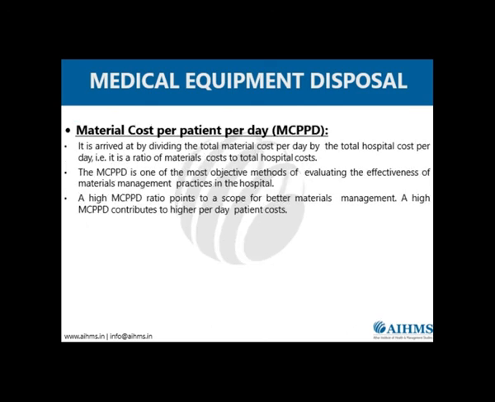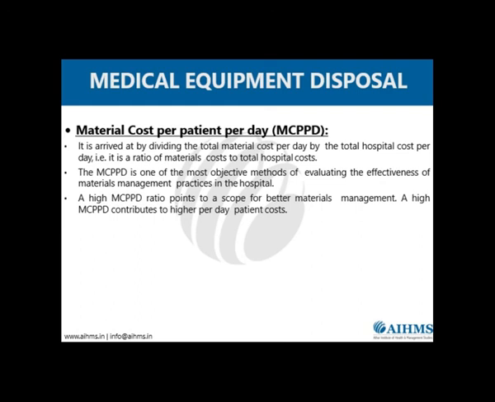Last but not least, one of the important factors is the cost of material per patient per day, also known as MCPPD. When you do the calculation, you should know what material cost you are going to spend per patient on a particular day. It is the ratio of the materials cost to the total hospital cost, and this gives how much money you need to charge your clients to sustain the entire thing.